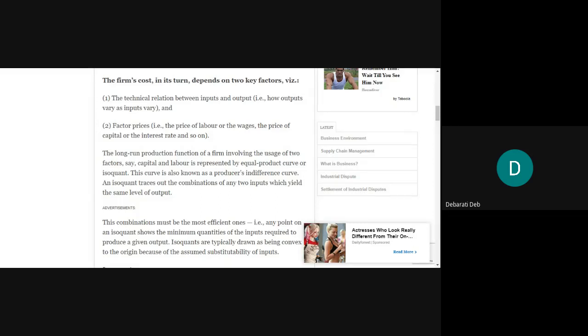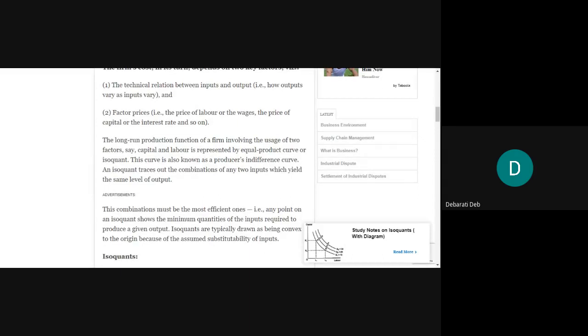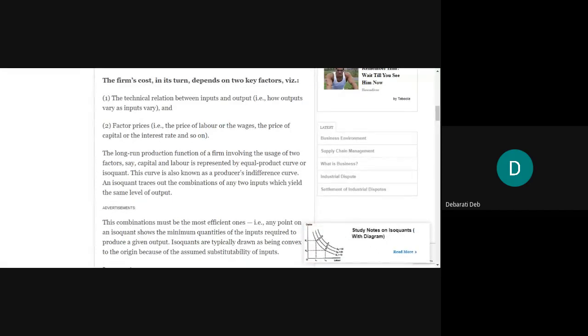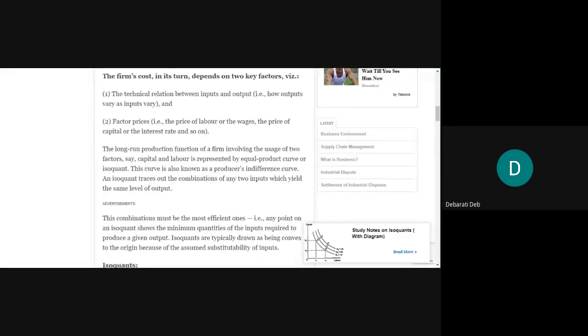That is the first thing. And the second thing is factor prices, that is the price of labor, or the wages that you are paying to the labor every day, and the interest rate that you are paying to financial institutions for accumulating funds from them. So these two things we have identified to be the prime determinants of the firm's cost.